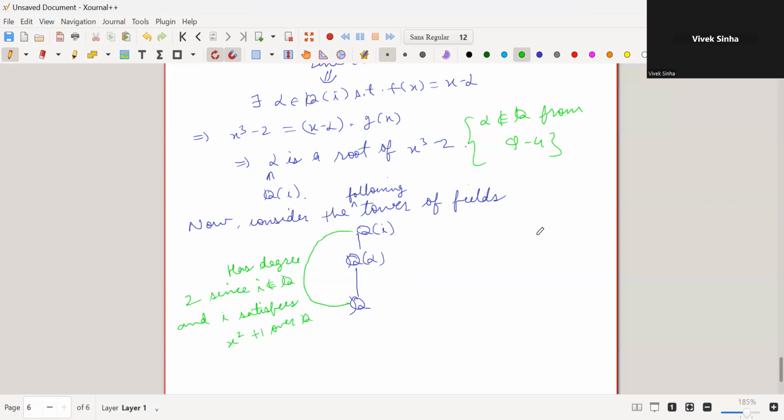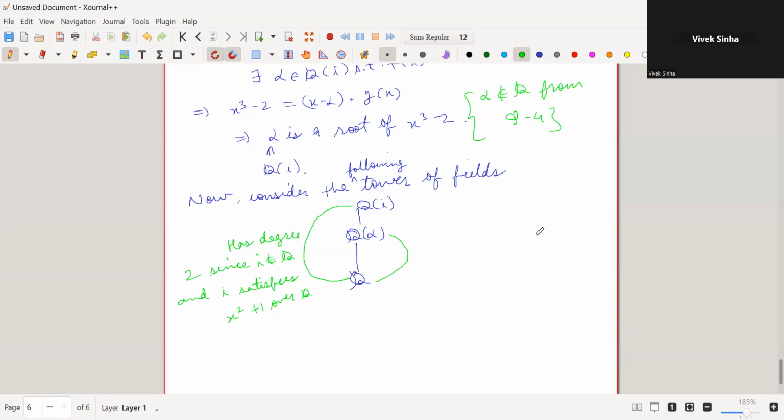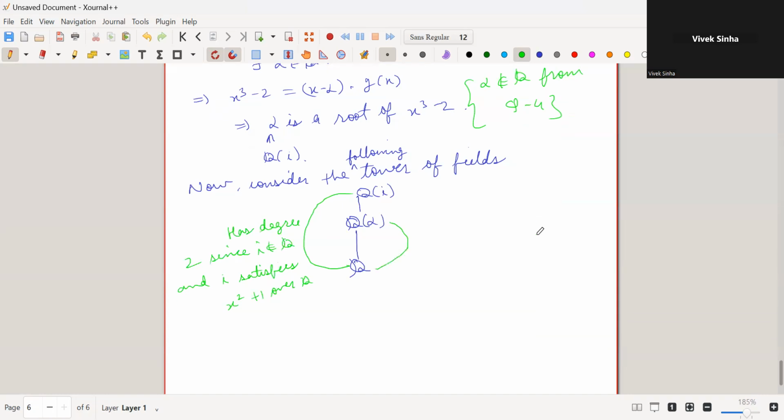And what is the degree of this? So alpha satisfies x cube minus 2 over Q. Alpha is not inside Q, right?